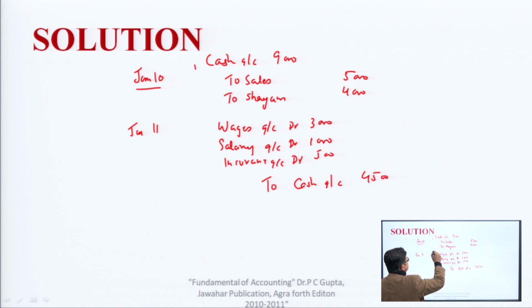One of cash, second one is sales, third one is Shyam, fourth one is wages, fifth one is salary, sixth one is insurance, and cash is already told, the cash is here. So, I do not need to create a duplicate ledger. You have to create a separate ledger for each account. So, first I do cash.